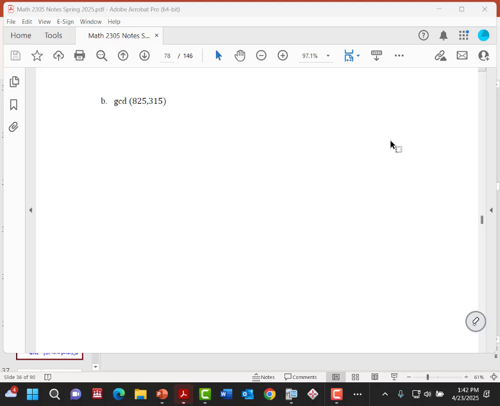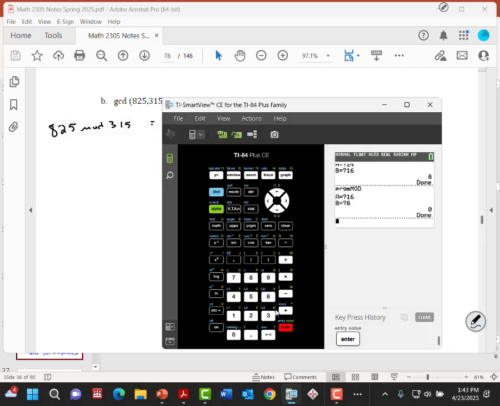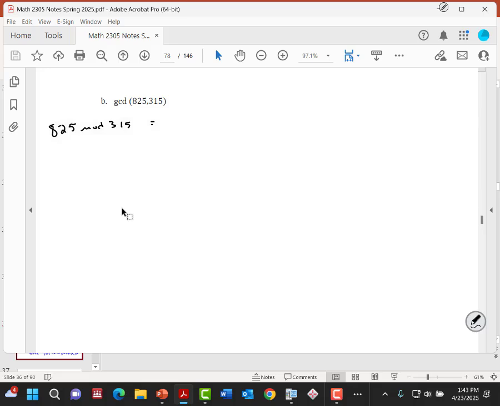First we need to do 825 mod 315, which is 195.